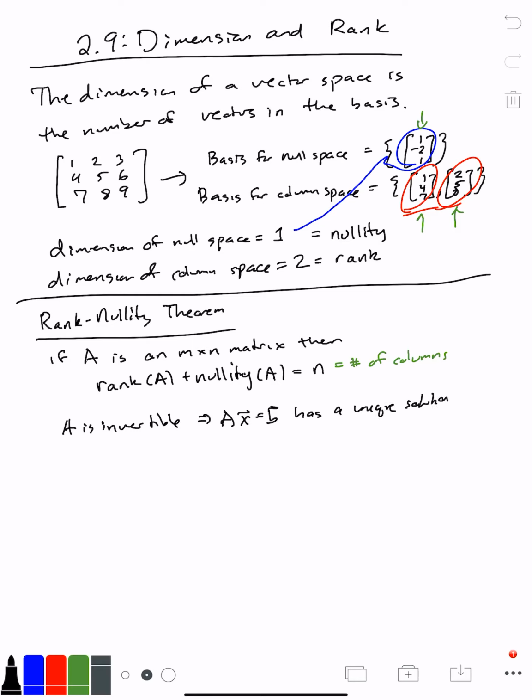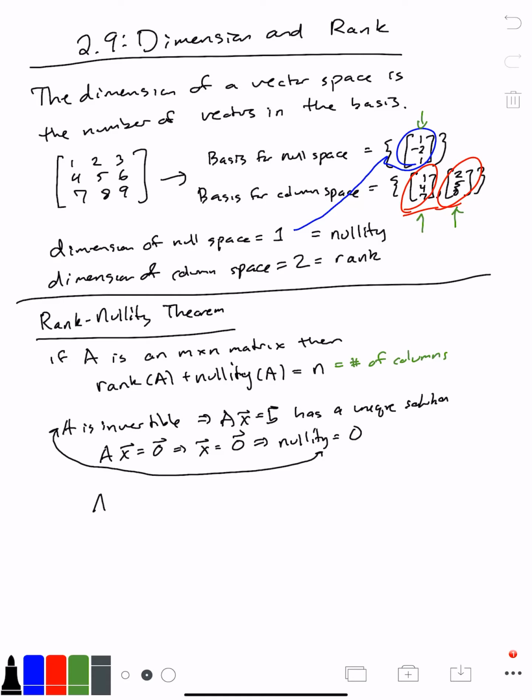If you think about it in terms of AX equal to 0, if it can only have one solution, well, that one solution would be the 0 vector. And if that's the case, then your nullity is 0, because there's nothing in the basis for the null space. So that means you have an invertible matrix if and only if the nullity is 0.